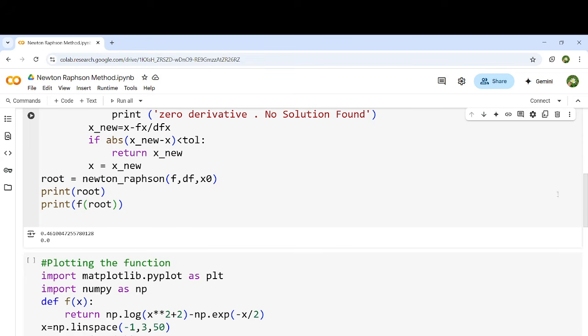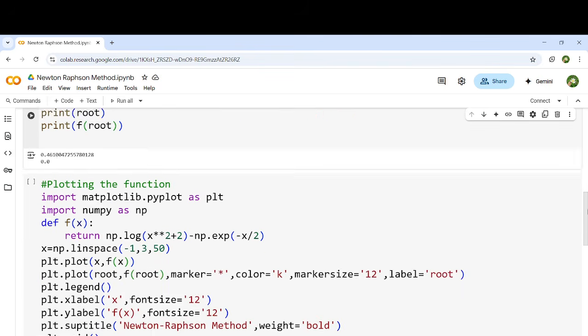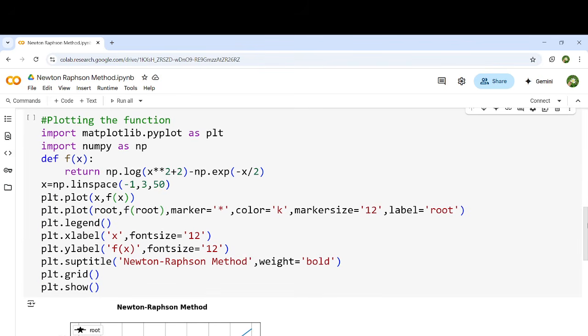You can also verify by plotting the function itself. Here I have plotted the function by using a Python package called matplotlib.pyplot. So here I import matplotlib.pyplot as plt and import numpy as np. Here I have taken the x domain range from -1 to 3 and I have taken the number of points as 50.